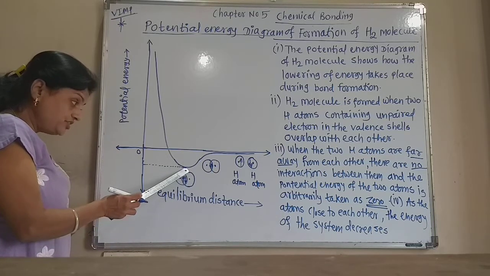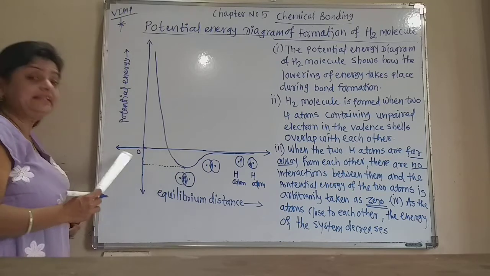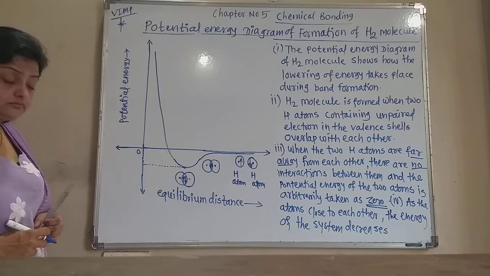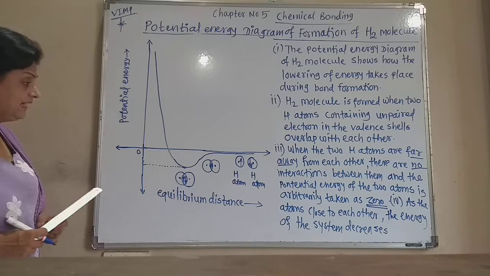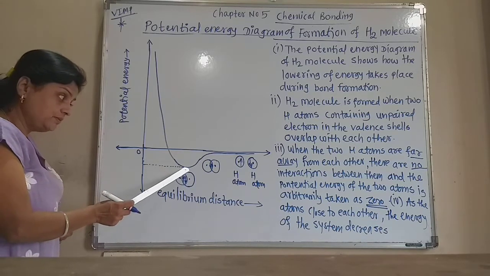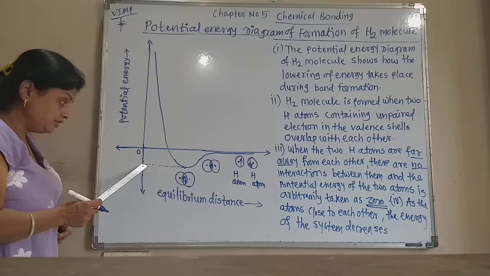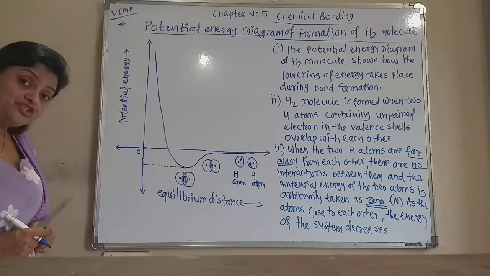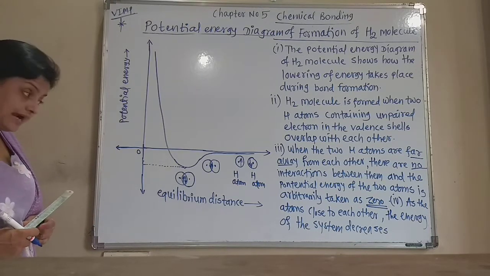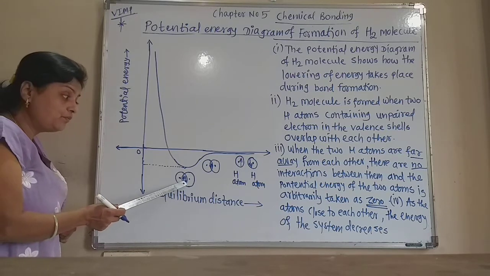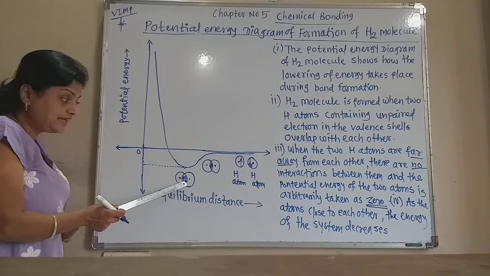The potential energy at that time is very low. Now see this curve, and that energy is called the bond formation energy, and at that time the covalent bond formation takes place.